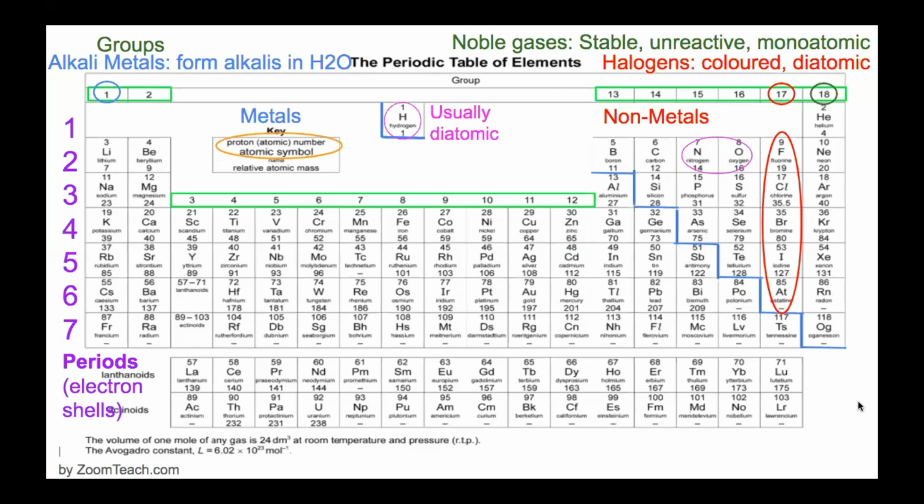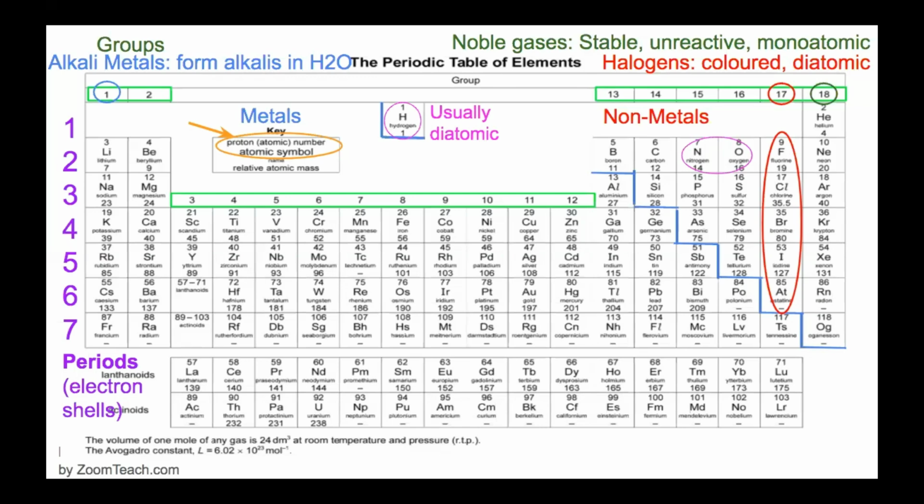Okay, with the periodic table itself, if we look at the key in orange, up at the top, it tells us that the top number is referring to the atomic number, or more pertinently, the proton number. So what this means is that how the periodic table is organized is that depending on the number of protons, the nature of the substance will change.